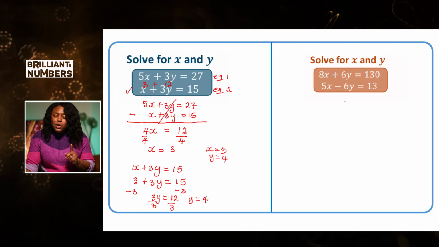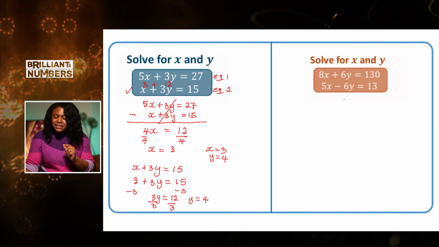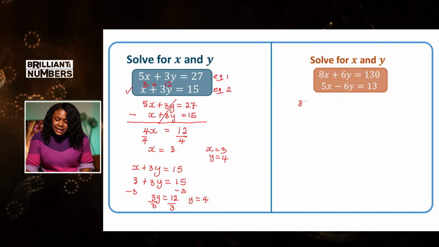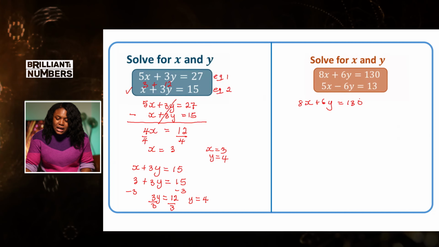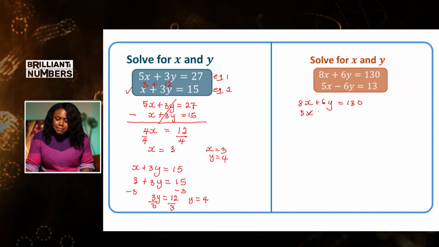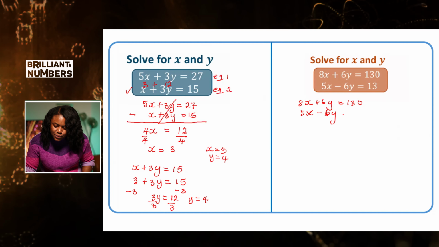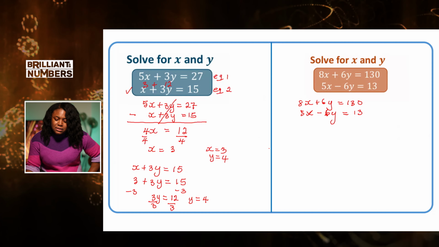However, because one is positive and one is negative, I have to add the equations to remove the y term. So it's 8x plus 6y equal to 130, and then 5x minus 6y equal to 13. So I now need to add them.